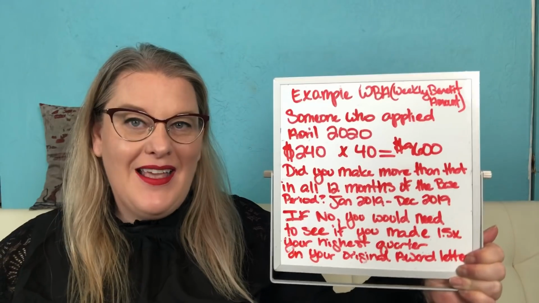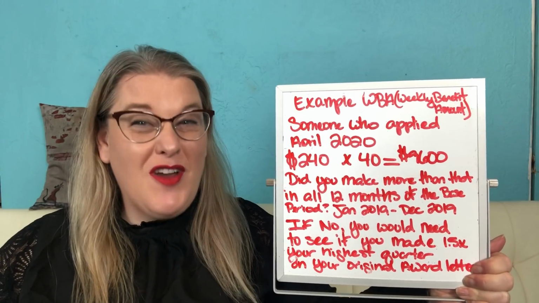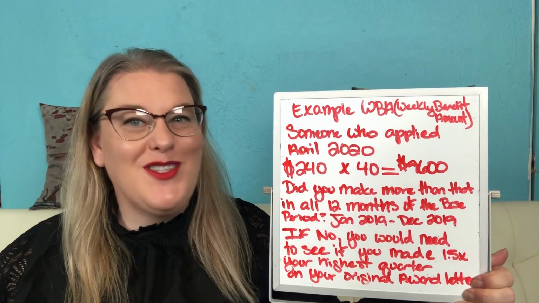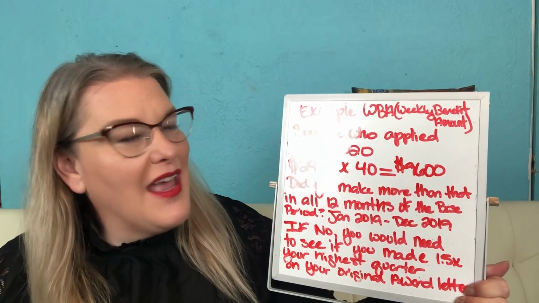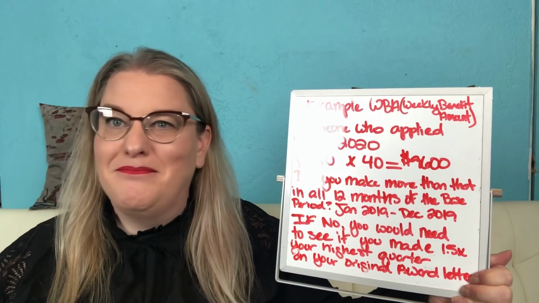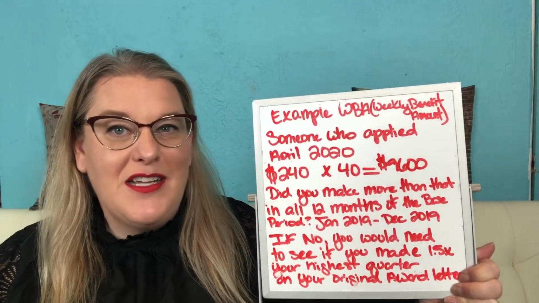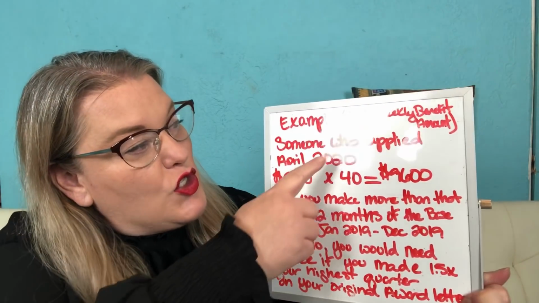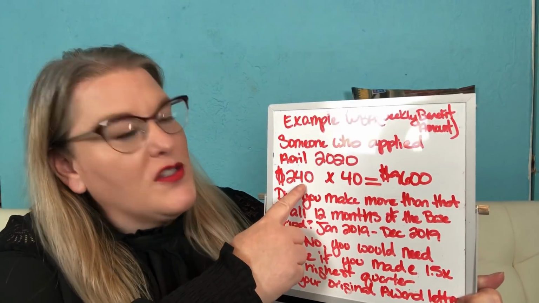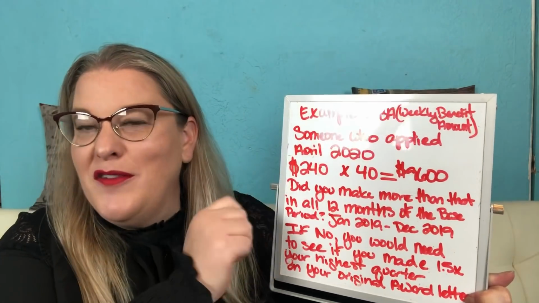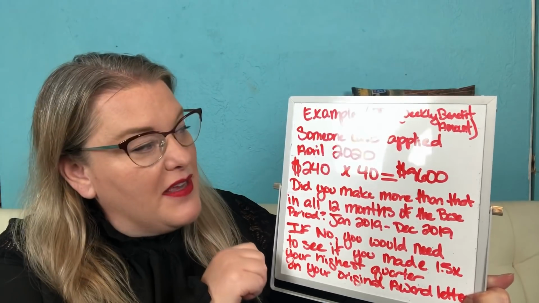And we'll go through an example of someone who would not qualify for Fed Ed using the 40 times their weekly benefit amount. And this is just an example that I kind of picked out of thin air. So in this example, the WBA is $240. We'll also say that this person applied in April of 2020 for benefits.